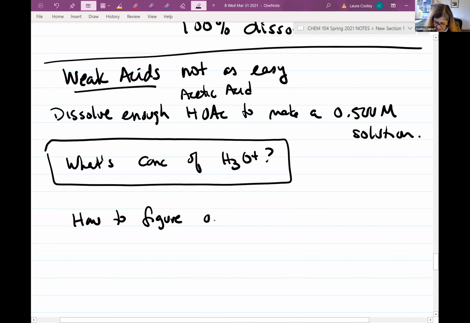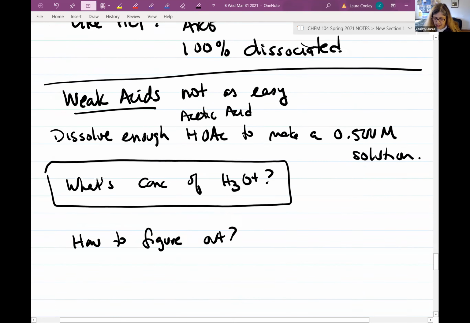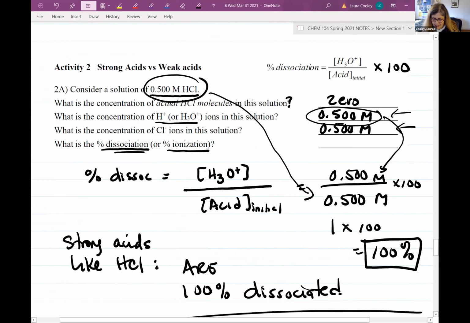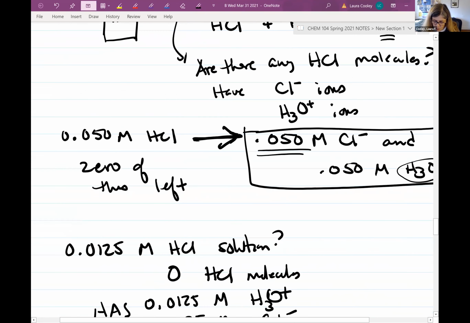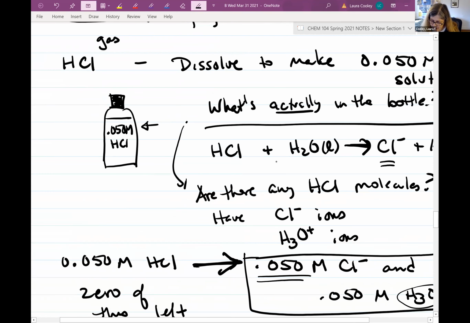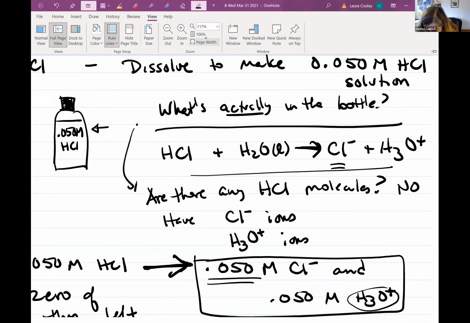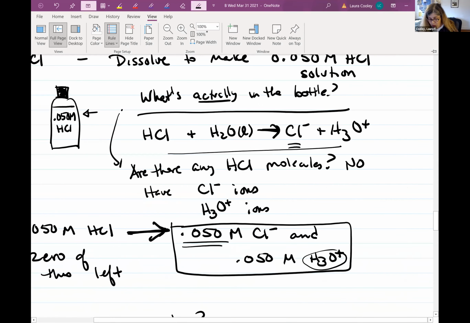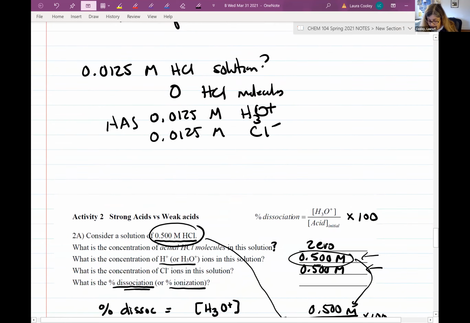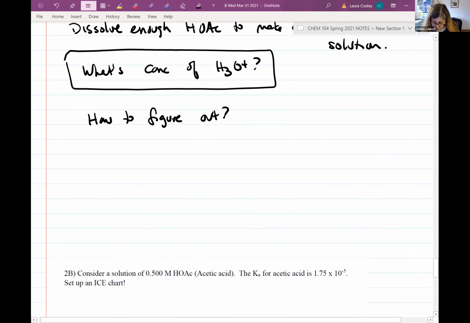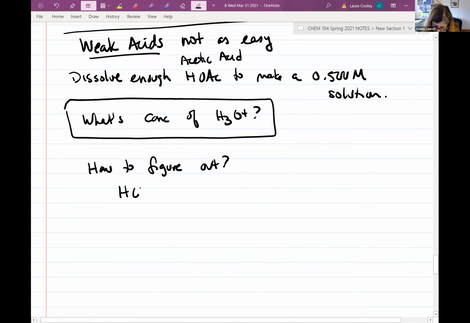Well, you know, in the case of HCl, if we go back, this is a one-way arrow, okay, right here. In the case of acetic acid, it is not a one-way arrow, okay? We have a reaction like this.